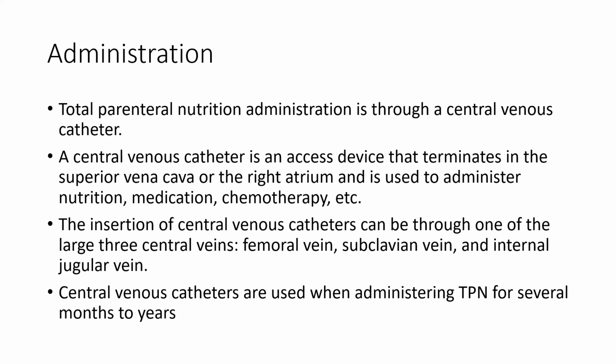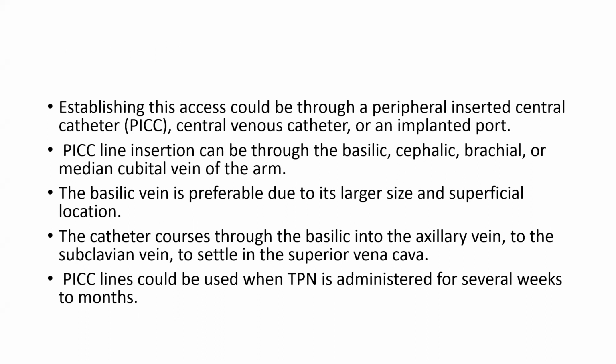Central venous catheters are used when administering TPN for several months or years. Establishing this access could be through a peripherally inserted central catheter, that is PICC line, central venous catheter, or implanted port. So the PICC line insertion can be through the basilic vein, cephalic vein, brachial vein, or median cubital vein of the arm.